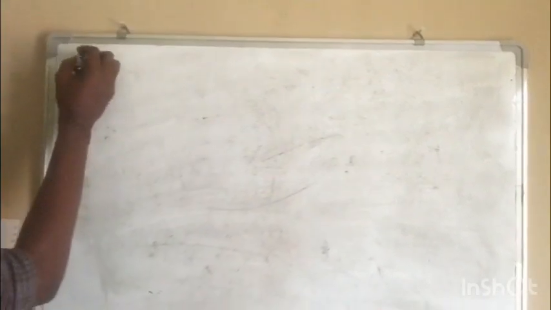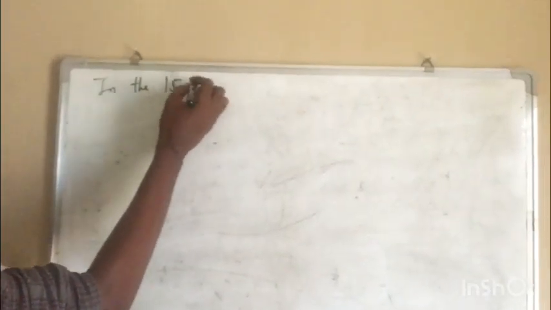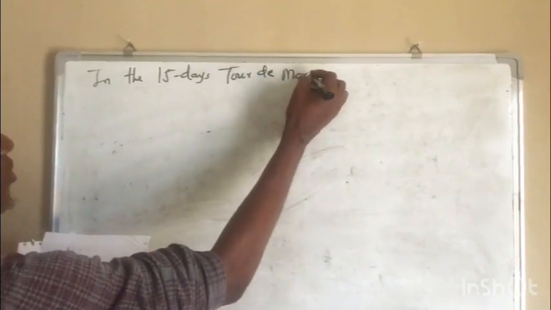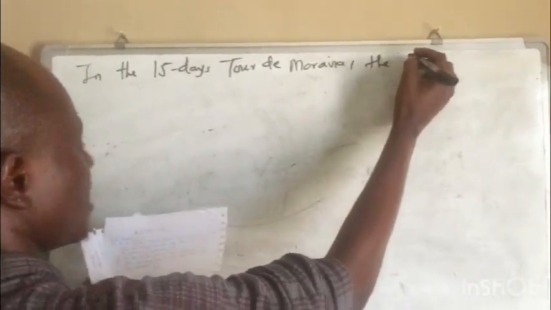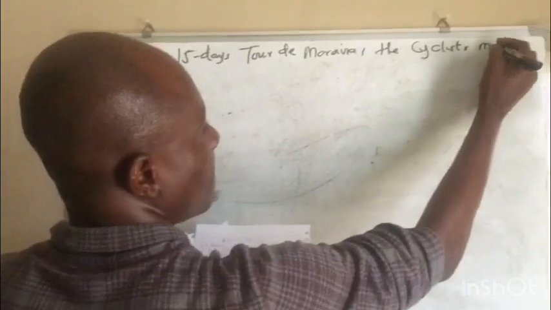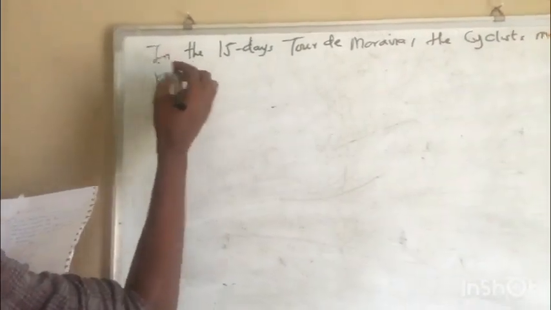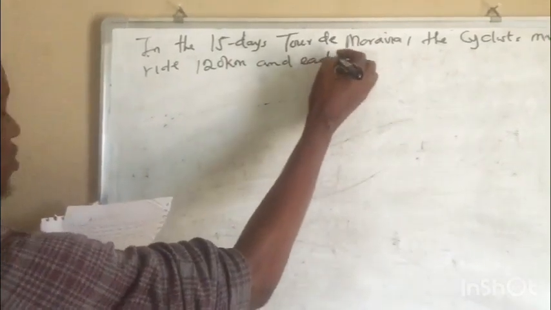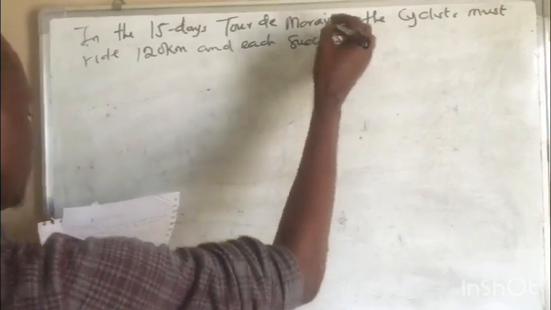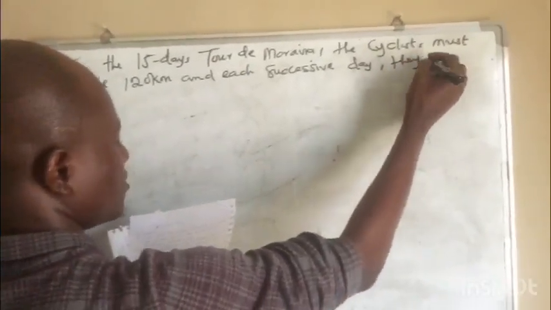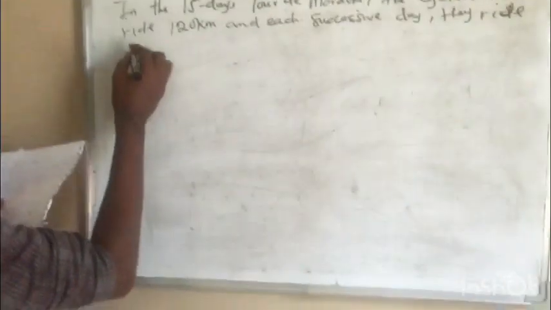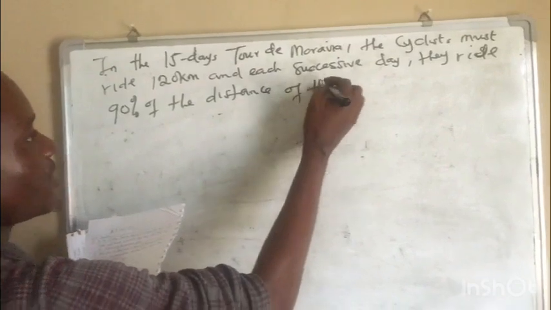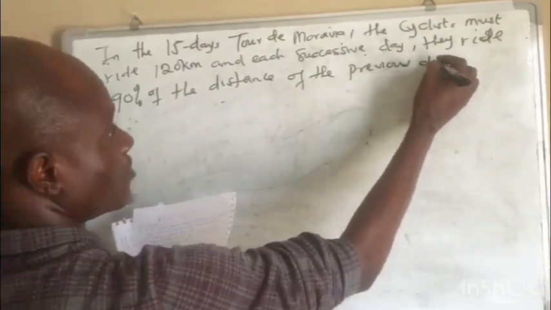Now the geometric progression question is saying that in the 15 days, Moravia, the cyclist, must ride 120 kilometers, and each successive day they ride 90% of the distance of the previous day.